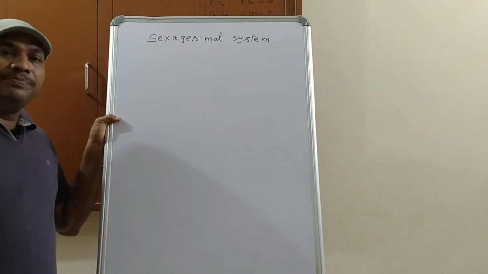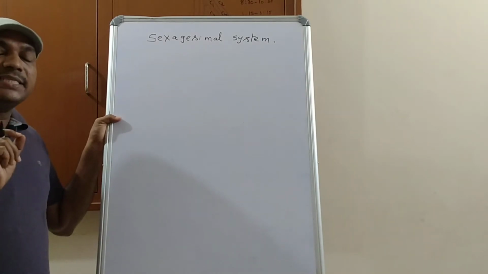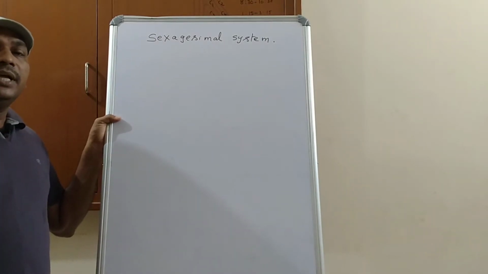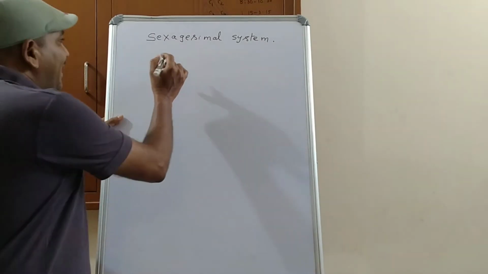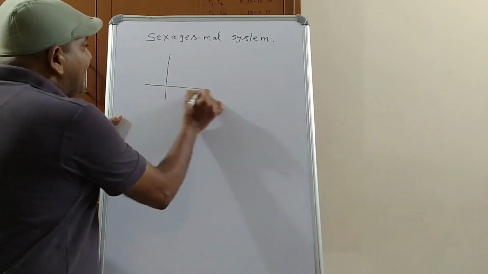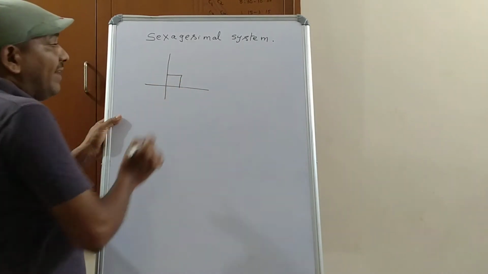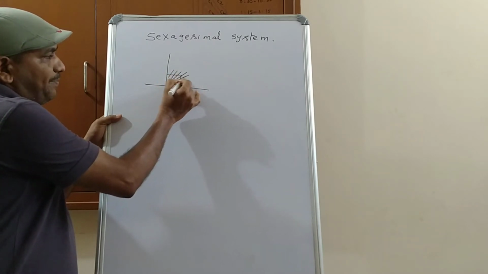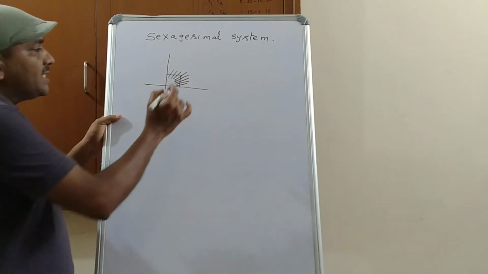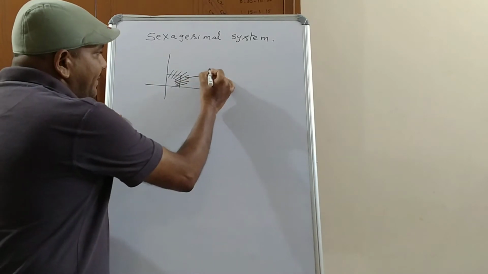In this system, one right angle is divided into 90 equal parts. Each part is called degree.